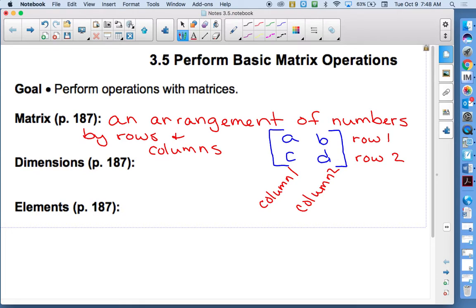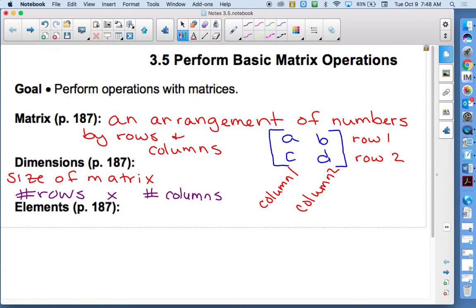So each matrix has a dimension. The dimension is the size of the matrix, and it's literally given by the number of rows by the number of columns. That little X is the word by.